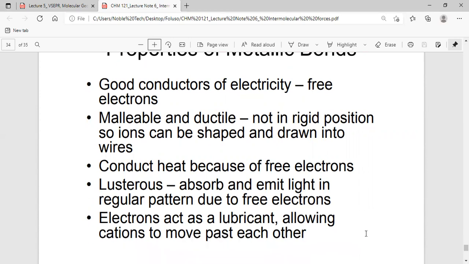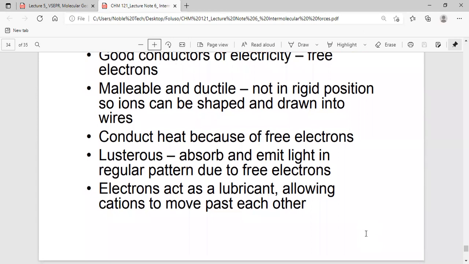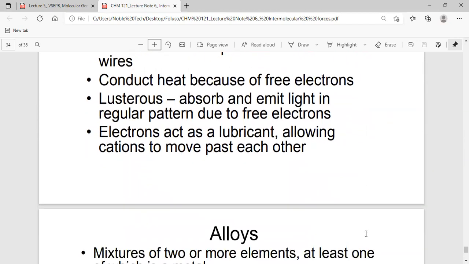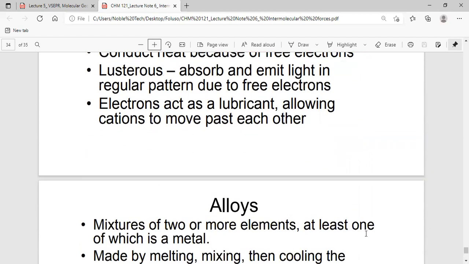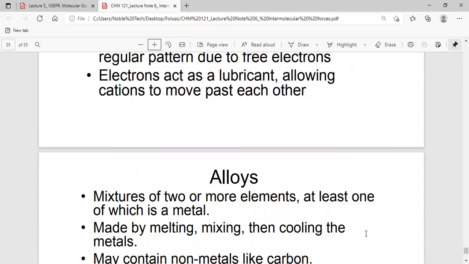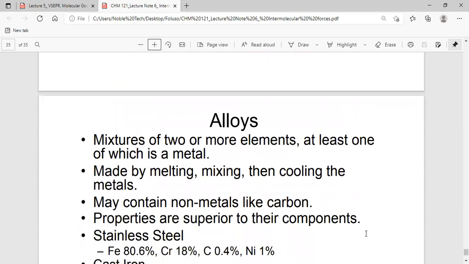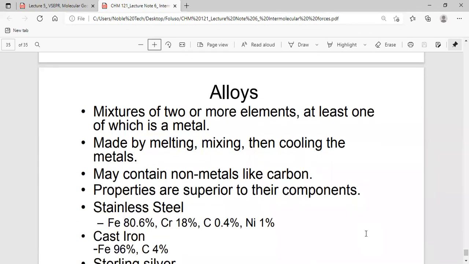The electrons act as lubricants, causing the cations to move easily past each other, so they slide on each other. When you have a mixture like you have in alloys, a mixture of two or more metals, you can also have that interaction.